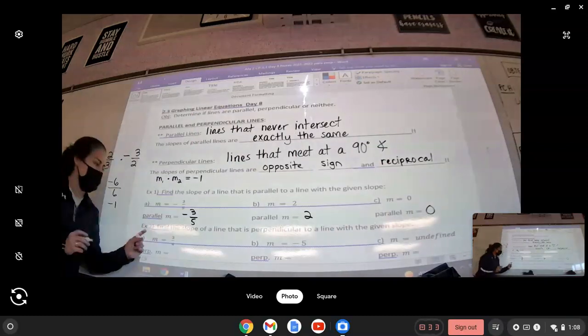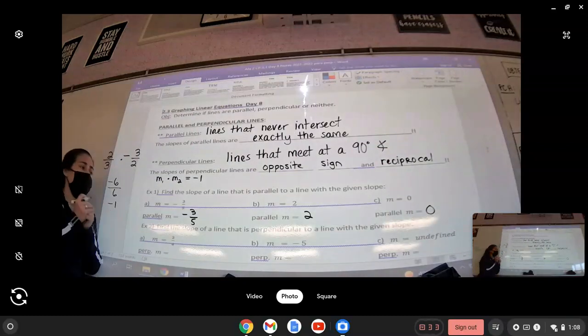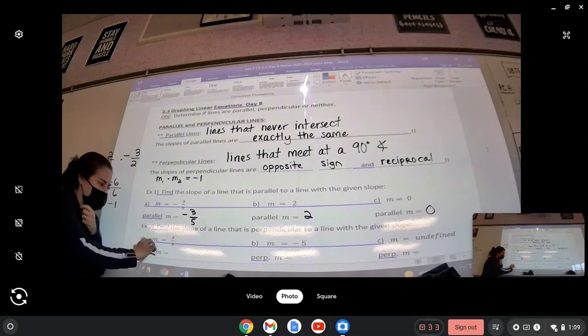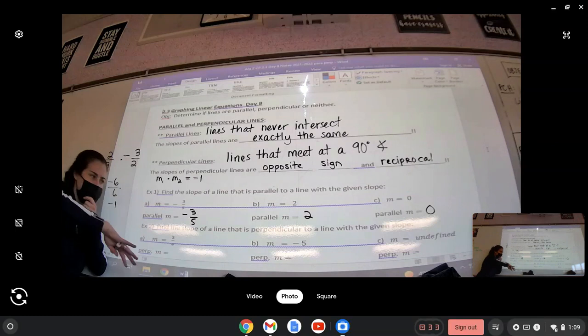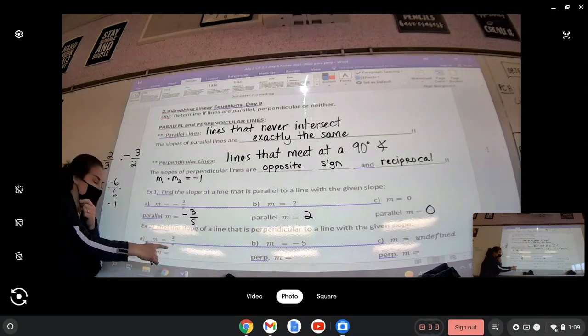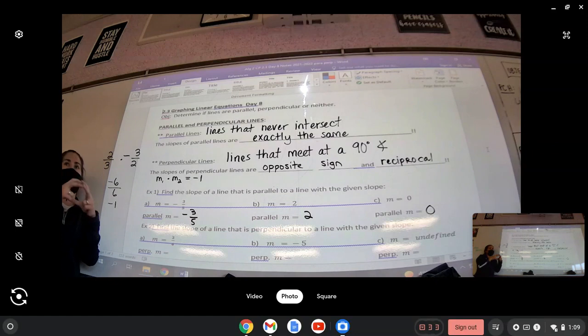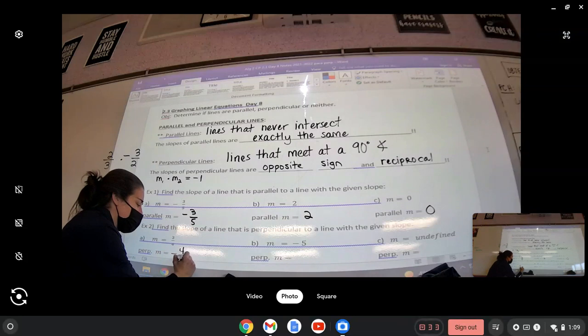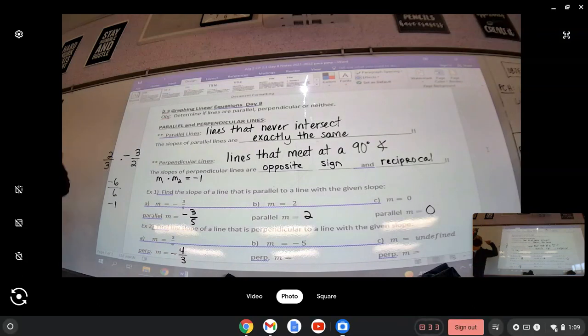Okay, perpendicular. Find the slope of a line that is perpendicular to a line with a given slope. If one line has a slope of 3/4, then what would a perpendicular line's slope have to be? And it would have to be negative. So -4/3. Make it the opposite sign and flip it over.